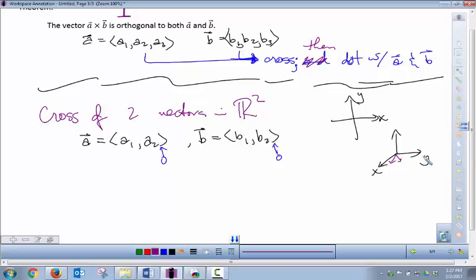So the answer is, your vector would look like 0, 0, a number.